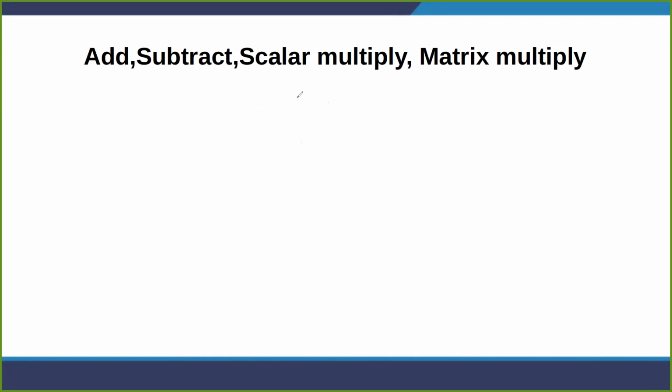Let's say your scalar is alpha and your matrix R is, let's say, 5, 5, 1, 2. Then alpha R would be 5 alpha, 1 alpha, 5 alpha, and 2 alpha. So you just have to multiply it by this.